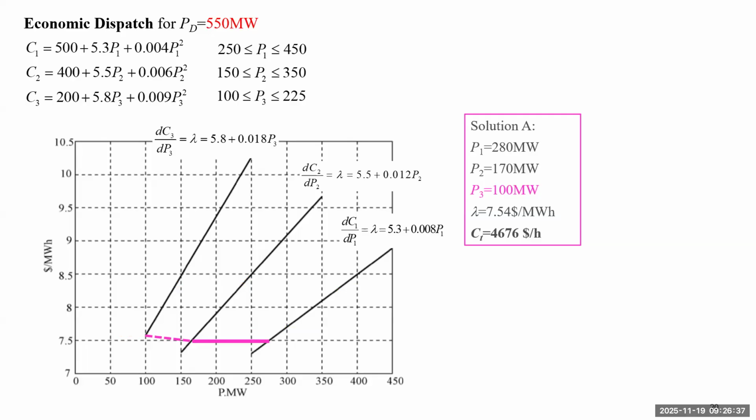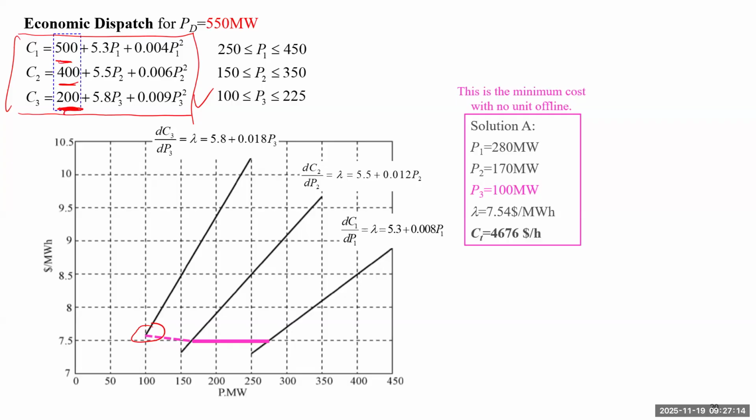But if you take a look at this solution, the unit number 3 operates at the lowest limit, so that's a very expensive generator. If you take a look at the meaning of the fuel cost, it says the cost cannot be zero because there's a constant number.